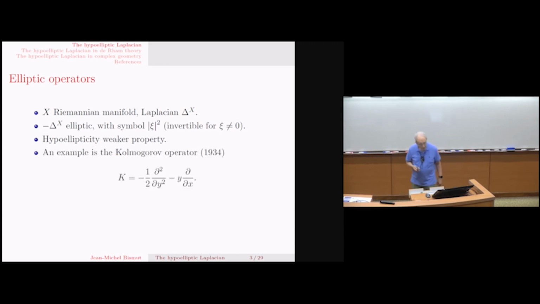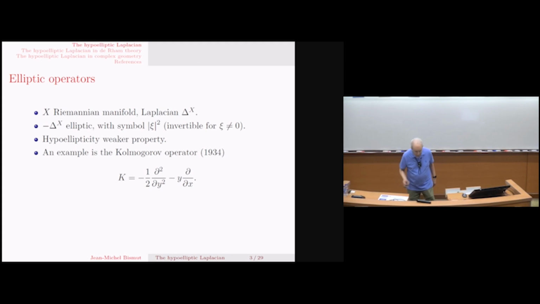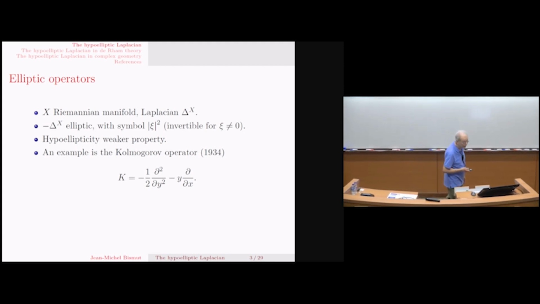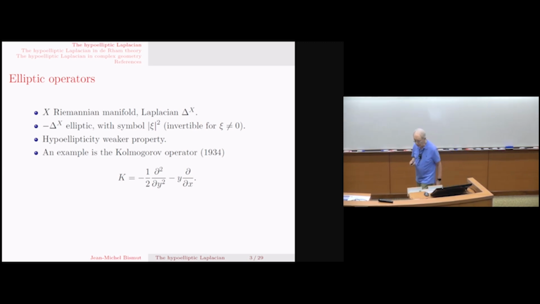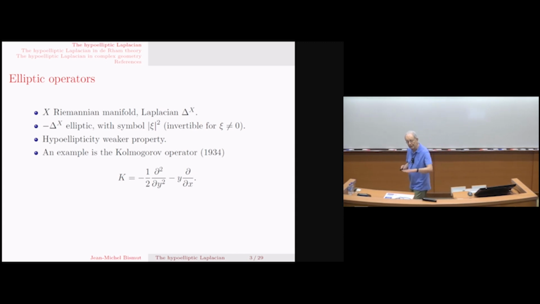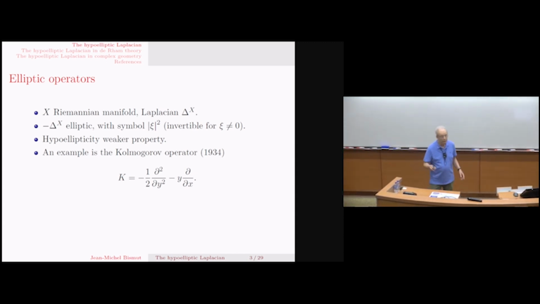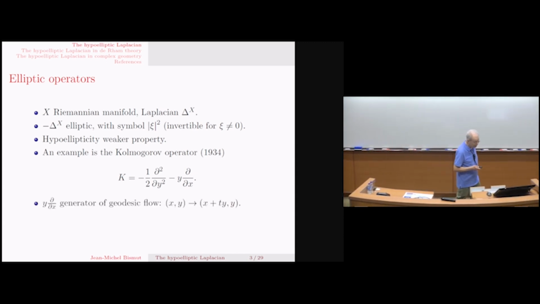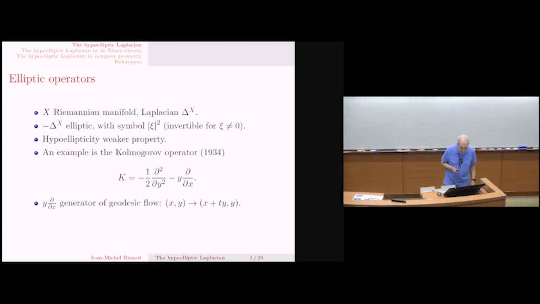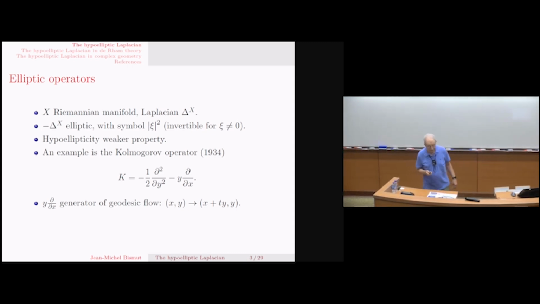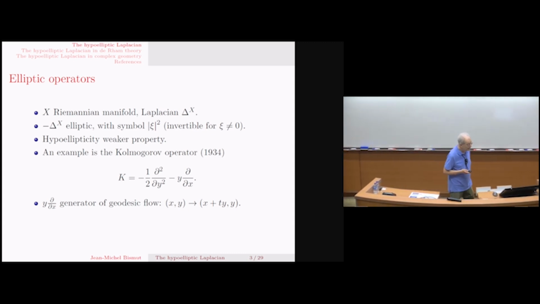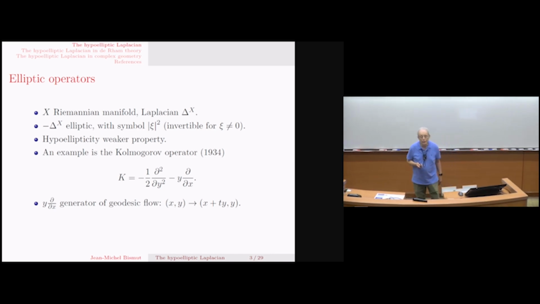The first example which appeared in the literature is an operator introduced by Kolmogorov in 1934. That's an operator in 2 variables, x and y, which is obviously not elliptic because it doesn't have a second differentiation in the variable x. When you look at this operator, you find that there is a vector field y ∂/∂x, and this y ∂/∂x is a generator of the geodesic flow.